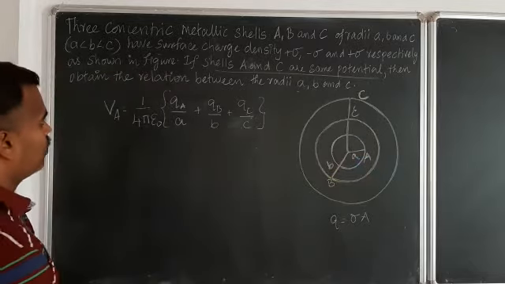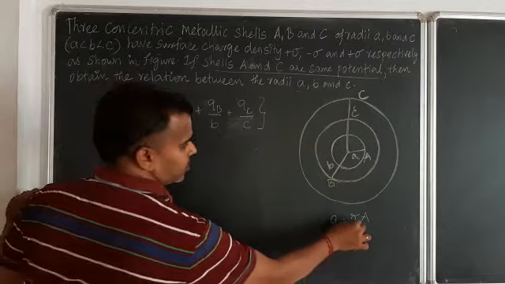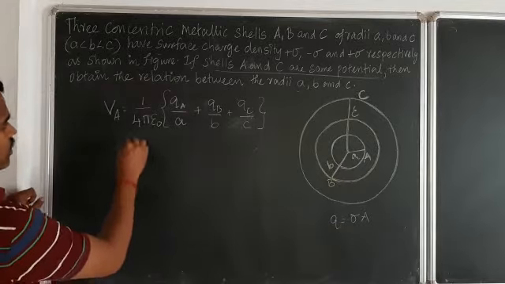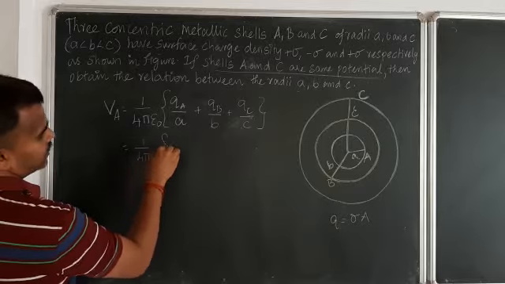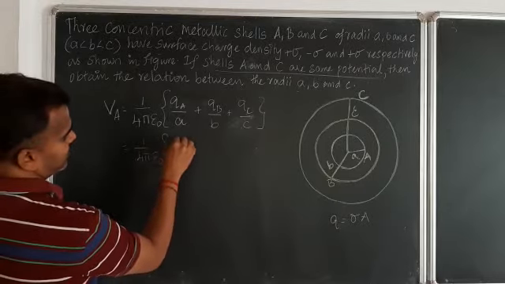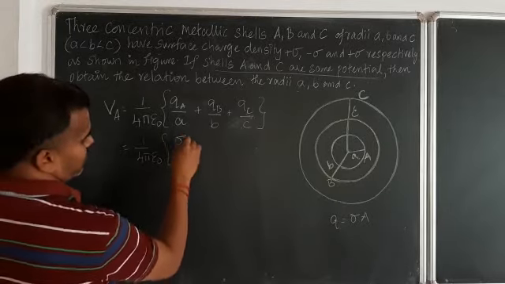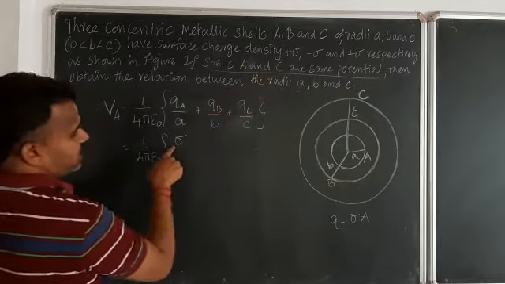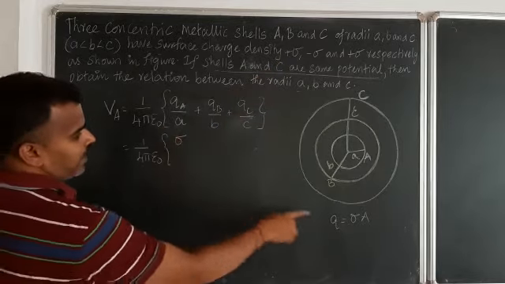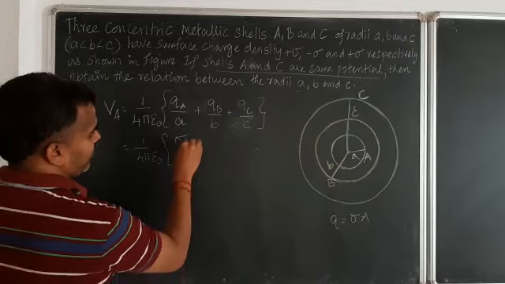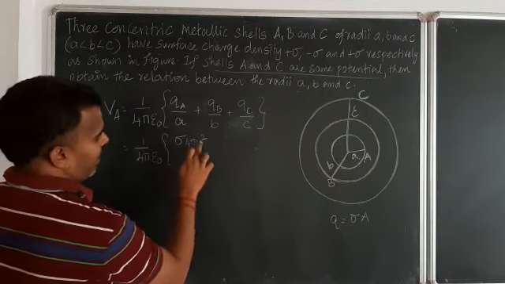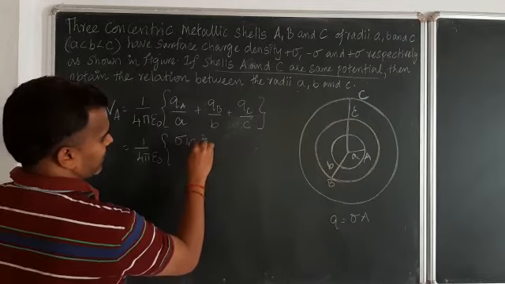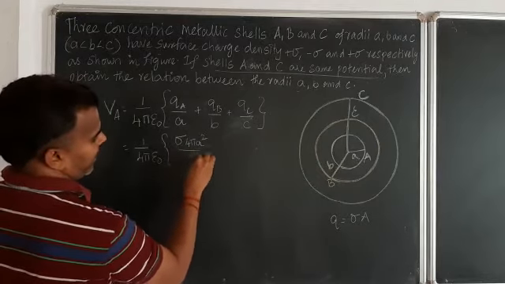And now, as I said, Q is equal to sigma times area. So I can write 1 by 4 pi epsilon naught, and instead of QA, I can write sigma. Here the charge density sigma is given for sphere A, and the area of a sphere, as we know, is 4 pi r square, here a square, divided by a.